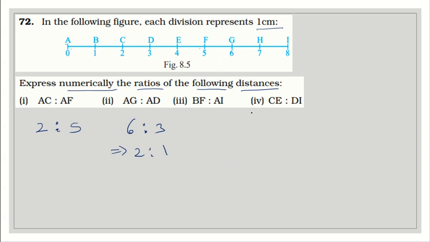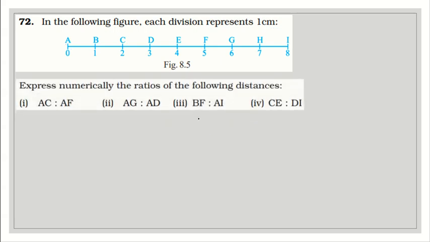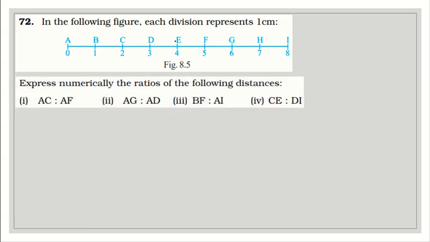Okay, this is how we are supposed to express numerically the ratios of the following. Let us do the third and fourth. BF, B to F, so 1 to 5, 4 units are there, 5 minus 1 gives you 4. AI is clearly 8 units. So 1:2 is the ratio.